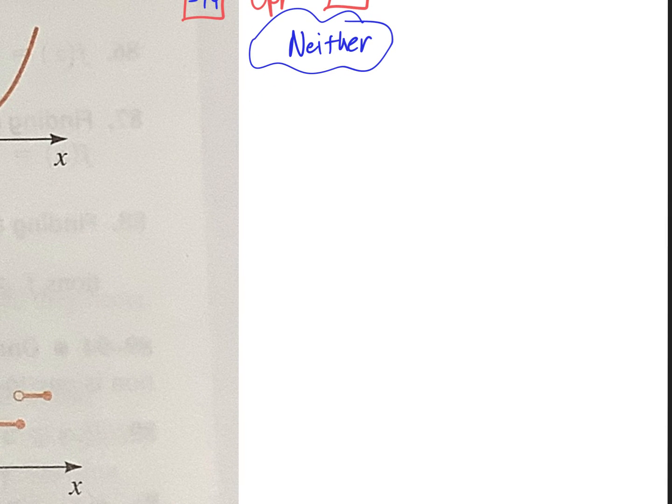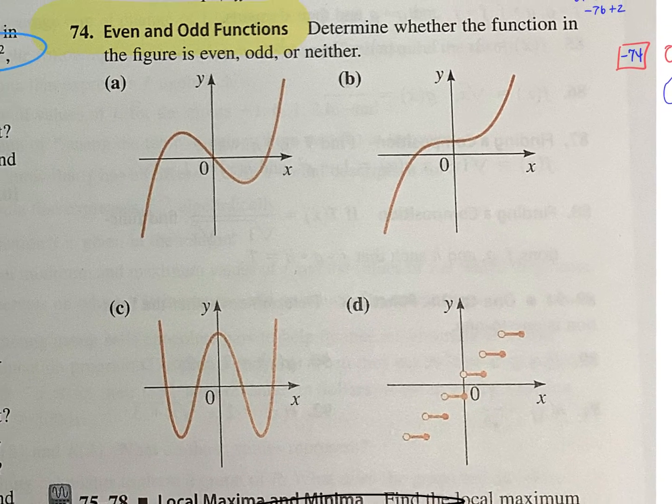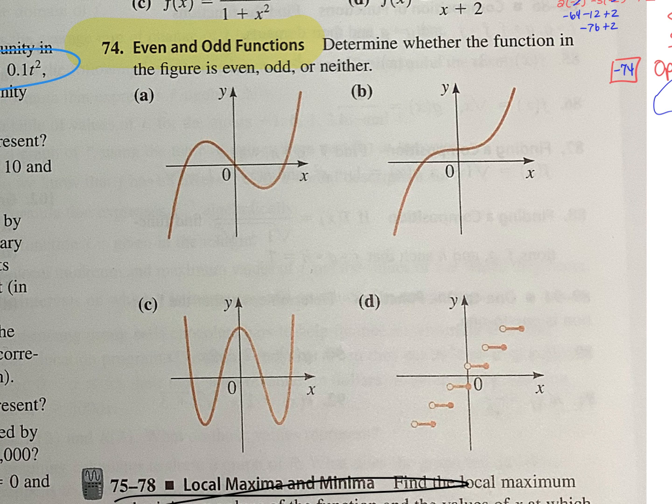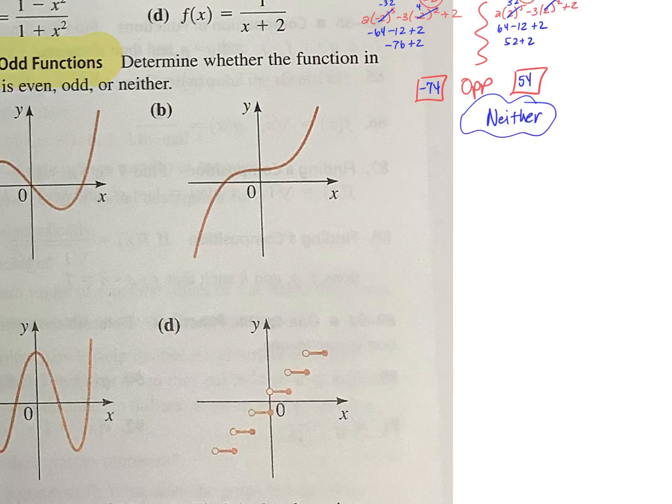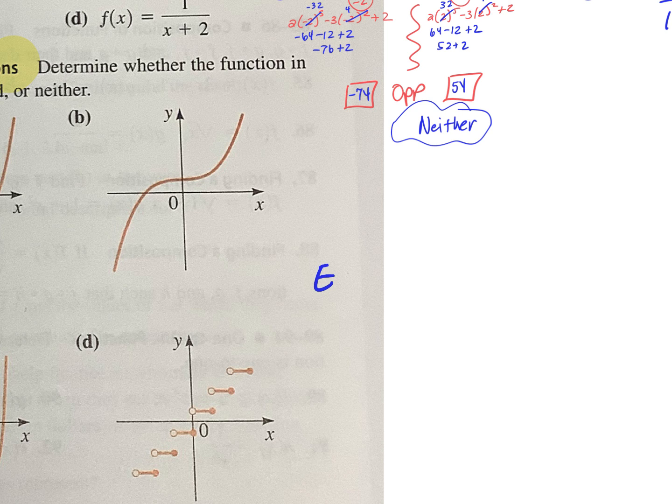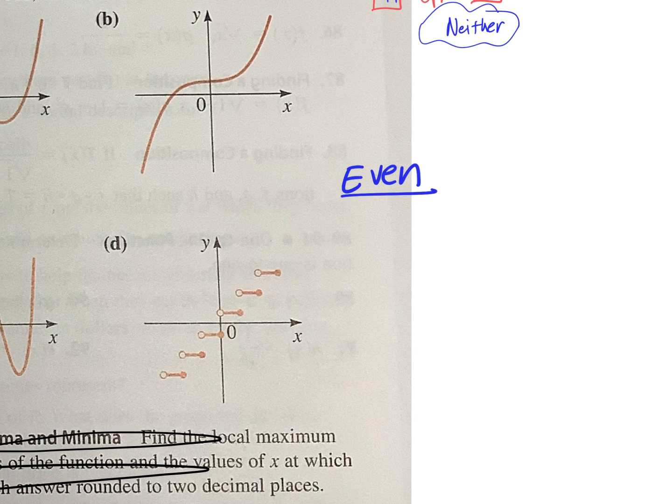All right, there's going to be one, well, it's not totally free, but it should be. We put a picture, we put a graph. All right, let's remind ourselves. How do you figure out graphically if a function is odd, even, or neither? If it's even, what are the two things that have to happen graphically? It has to be symmetric to y, meaning y cuts it in half, right? And it has to do both things.